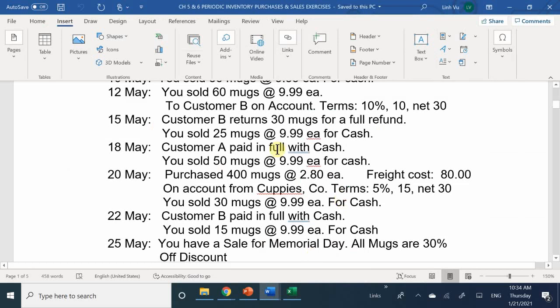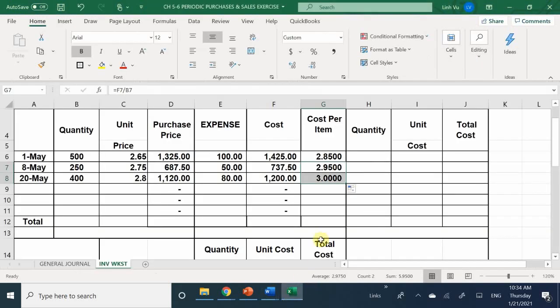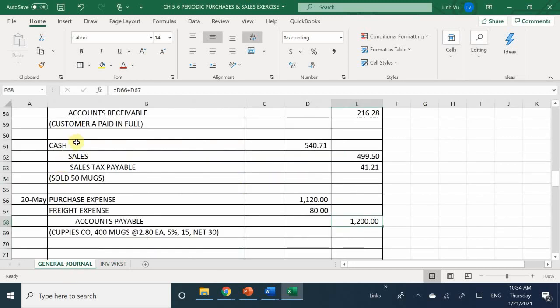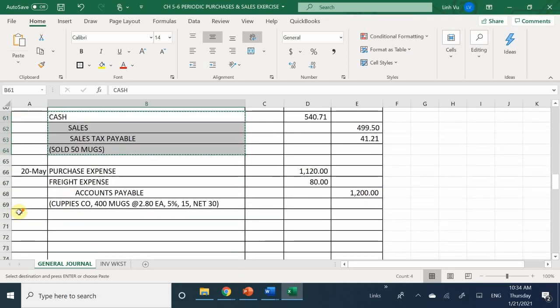So now that we finished that one, we also sold 30 mugs as well that same day for cash. Okay, I don't have a date here.